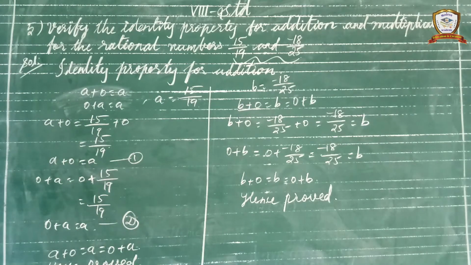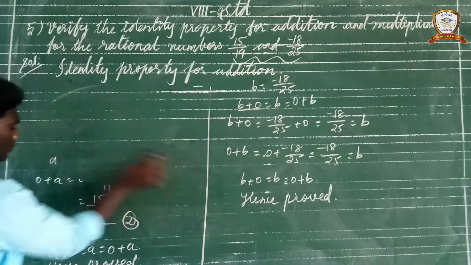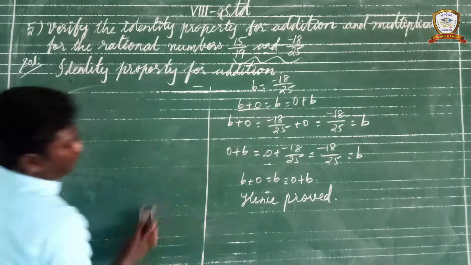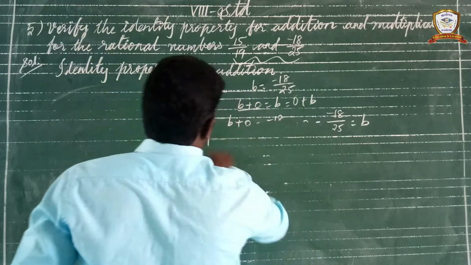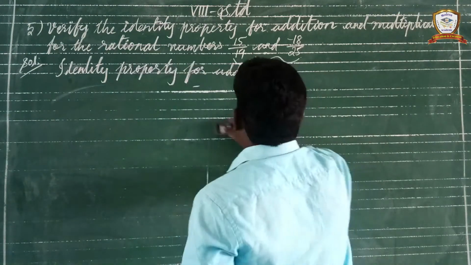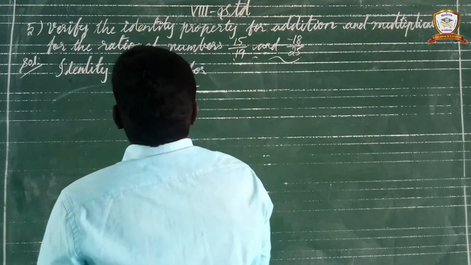So identity property for multiplication. Very simple. For identity property for multiplication, the identity element is 1.